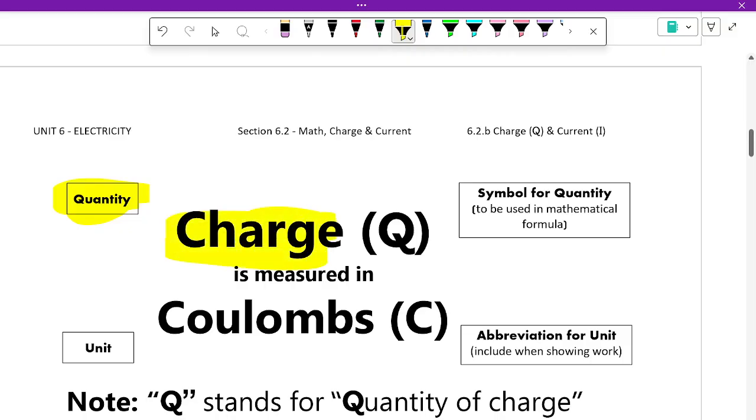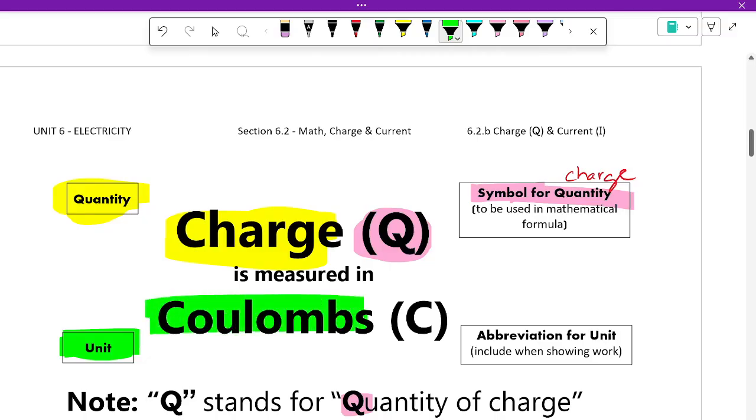And the symbol for charge is Q, which might not make a lot of sense, except that Q is the symbol for quantity of charge. The unit is the Coulomb, and the abbreviation for Coulomb is the letter C.